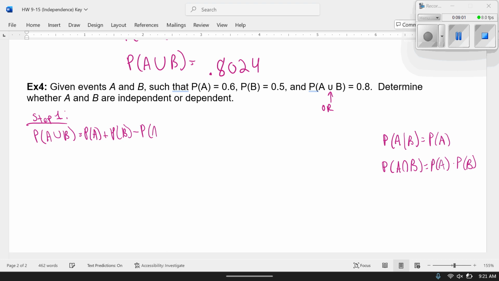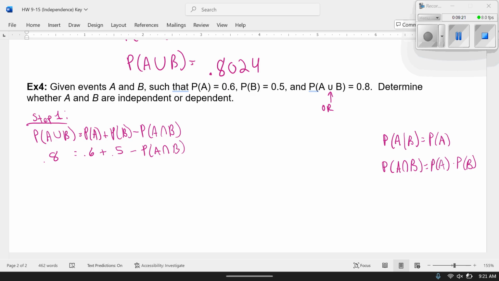Let's just plug in what we know, see where it takes us. We have the probability of A is 0.6, probability of B is 0.5. We have the or probability is 0.8. We do not have probability of A and B. Maybe they want us to actually solve for it. Who knows? I'm just going to do whatever I can.